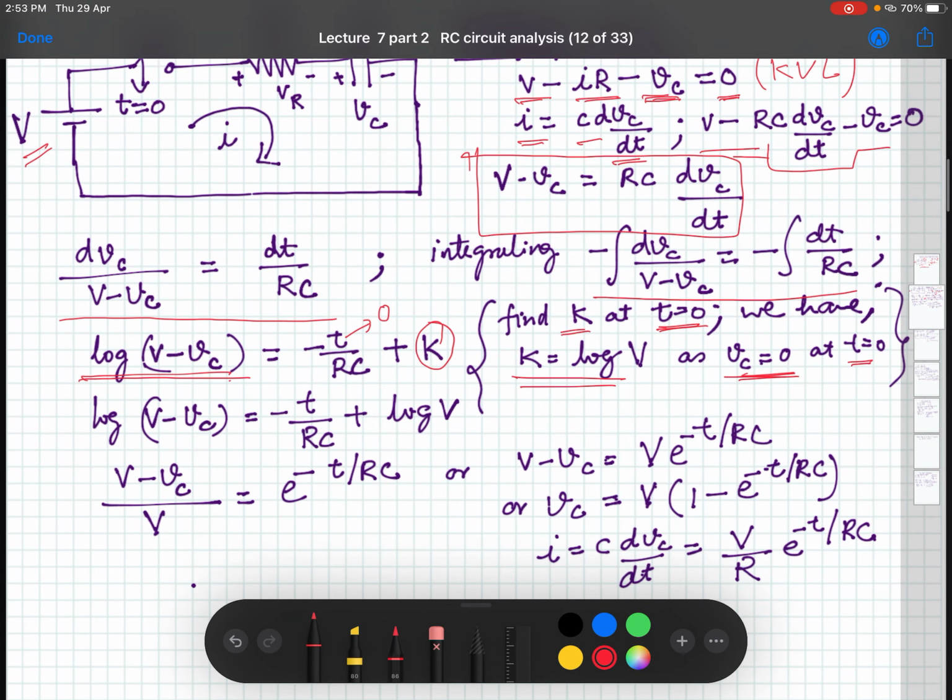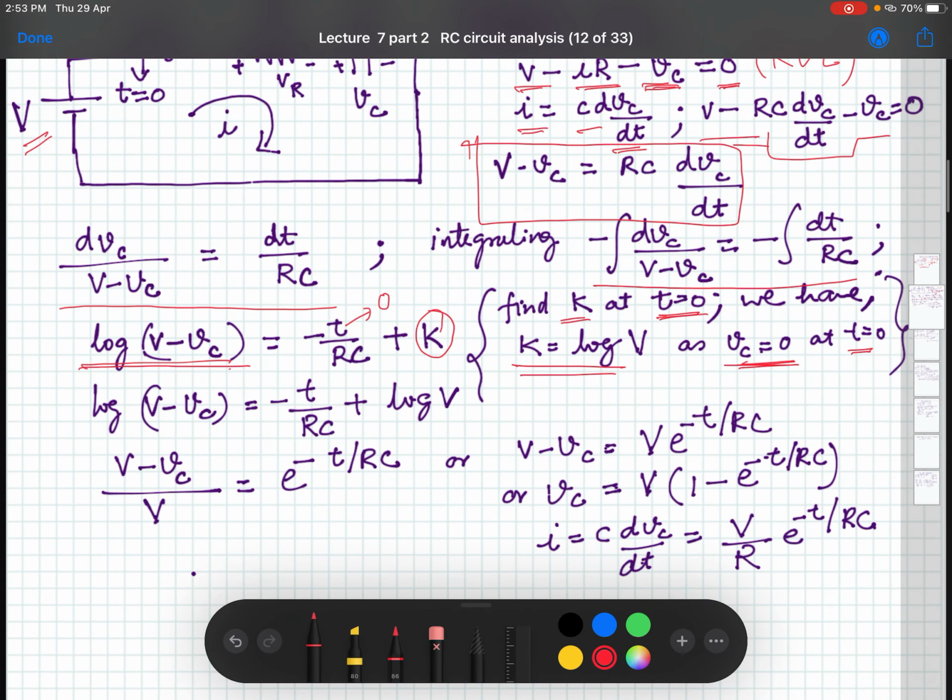And putting that value of k into the equation, now we have this, and then we can solve this one, and finally we get the voltage across the capacitor to be this.